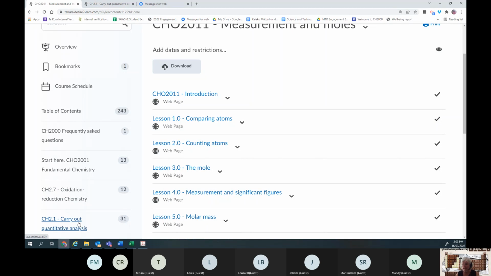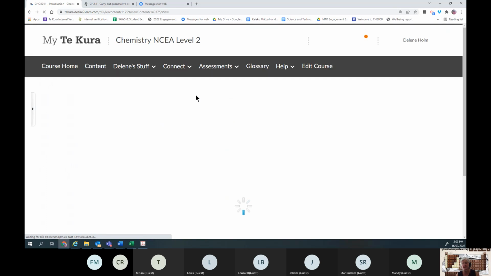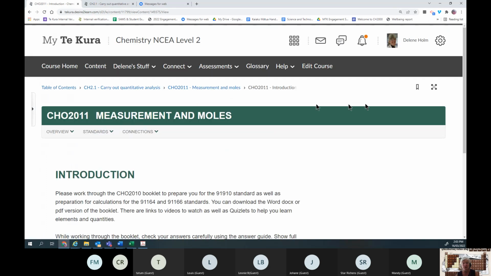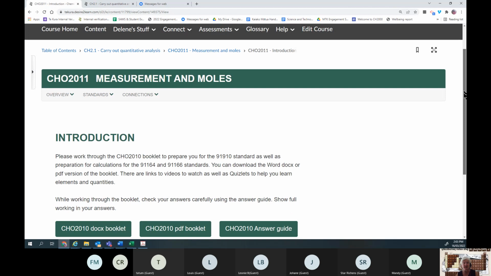That was an old standard, so don't work through the module, only go to the very first lesson, the landing page for that module. And when you do all that, then you will see some documents and an answer guide.